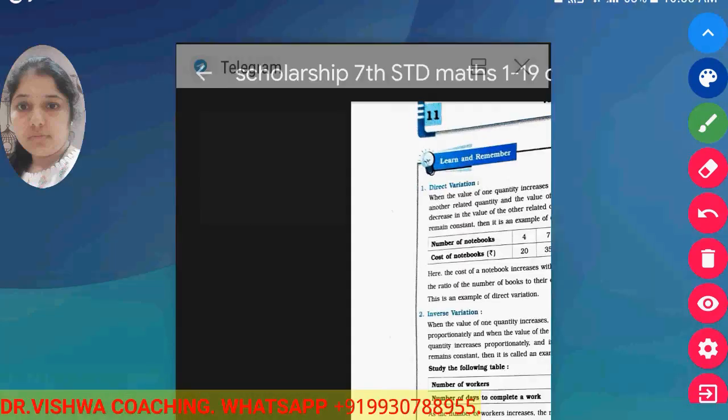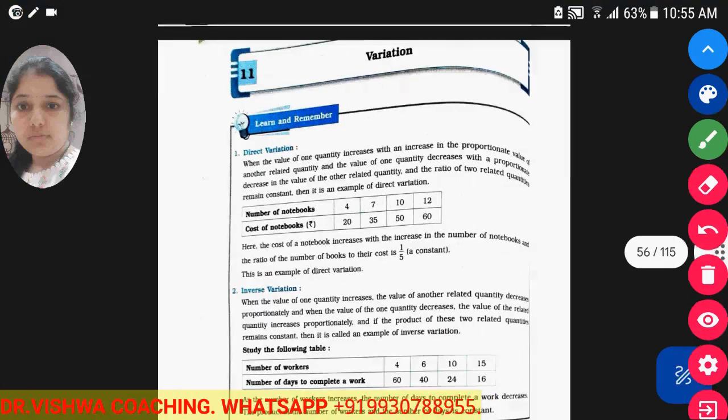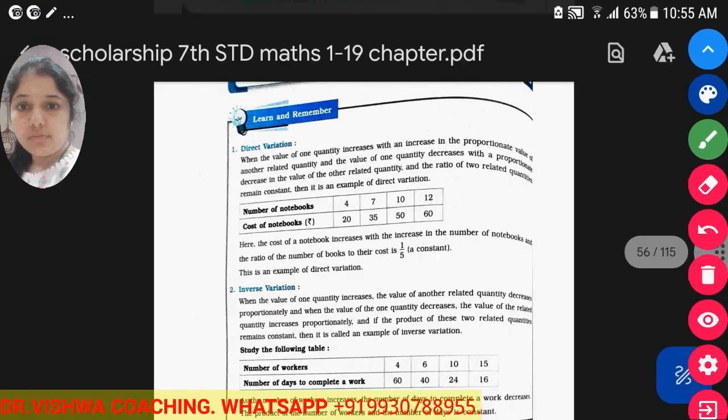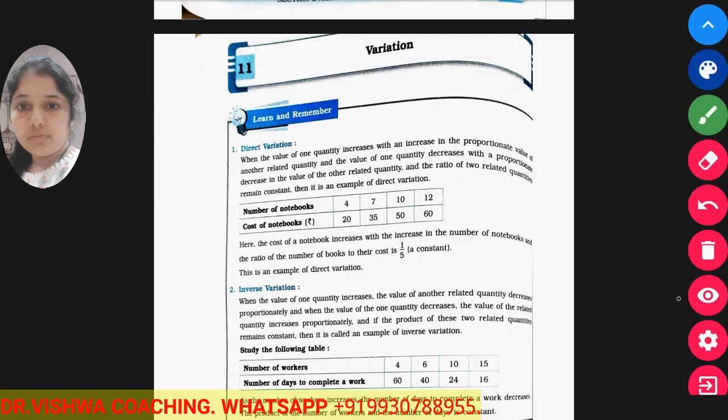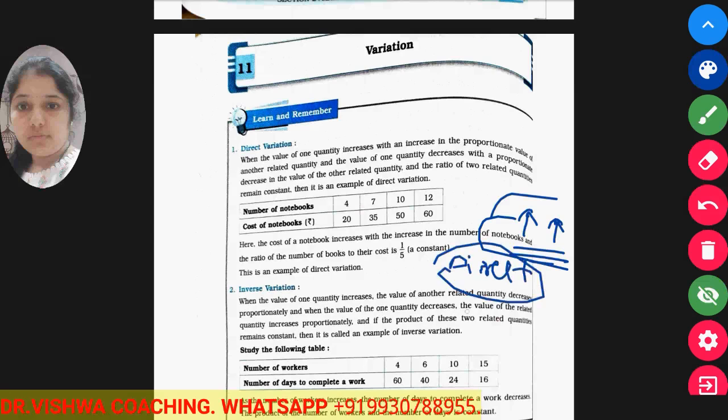Now, what is meant by variation? Variation is of two types. Direct variation is the proportion in which when one quantity increases, the other quantity also increases. And there is inverse variation, in which when one quantity increases, the other quantity decreases.